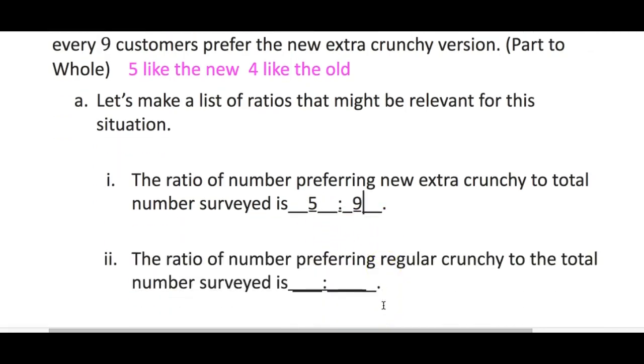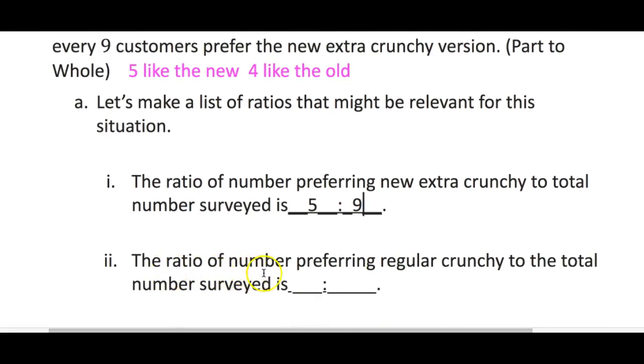Moving right along. The ratio of number preferring regular crunchy to the number surveyed. Well, the new is the new crunchy, so the old must be the regular crunchy. And let's make sure that we're clear about this. This would be the extra crunchy. And so the old would be the regular crunchy.